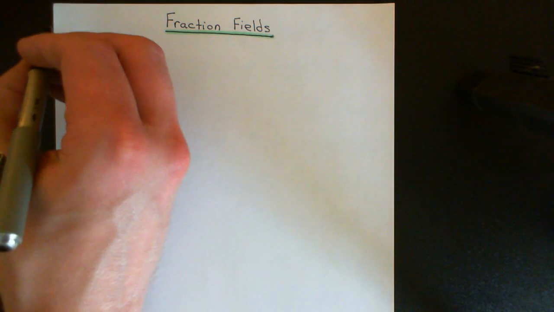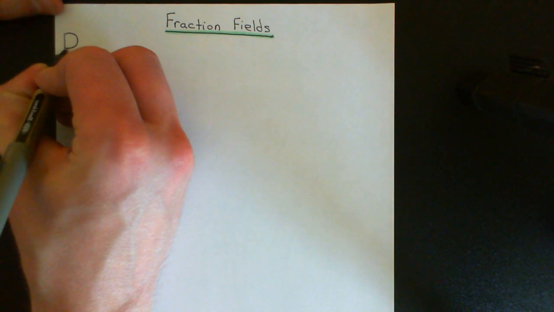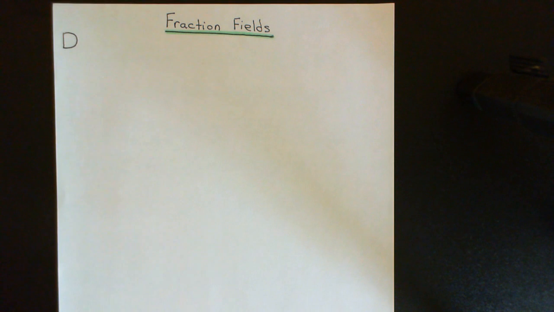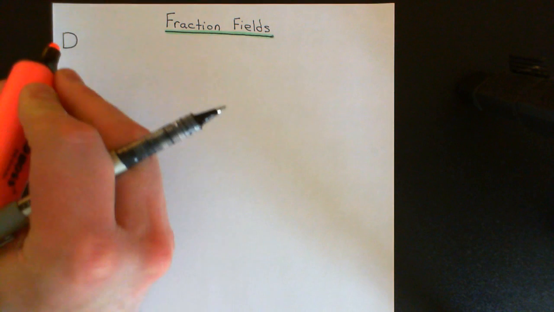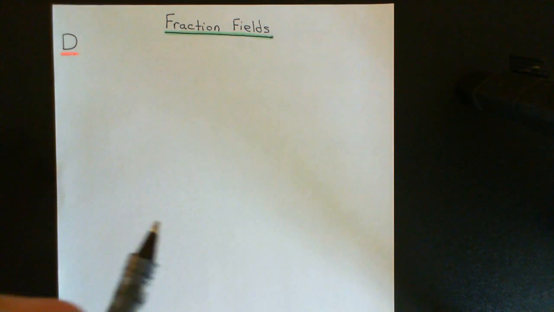Okay, so we're going to start off with some integral domain, which we'll call capital D here. Now remember, an integral domain is a commutative ring which is not the zero ring, so it's a non-zero commutative ring, such that a certain special property is obeyed.